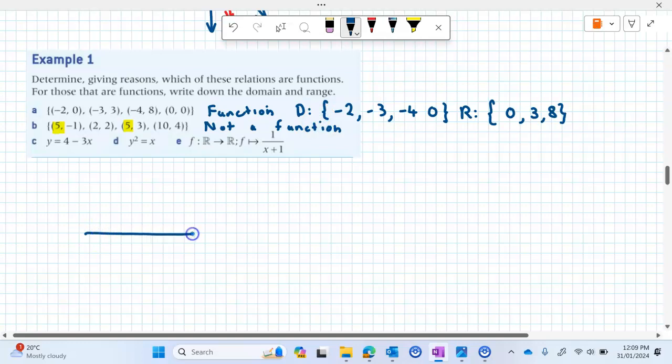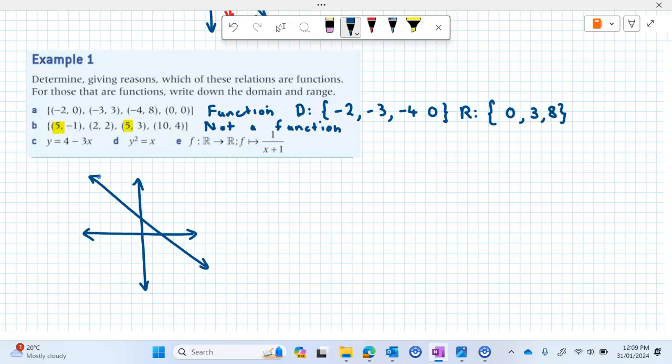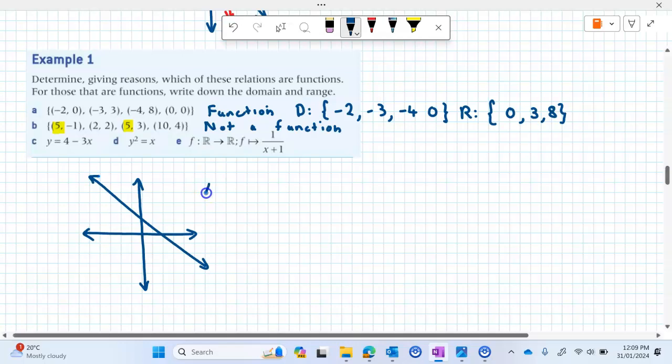If we think about a straight line first of all, something like that, all of these x values have only one particular y value associated with them. So this is a function. Now a line goes on forever, up and down and left and right. So the domain is all the real numbers, and the range is all the real numbers.